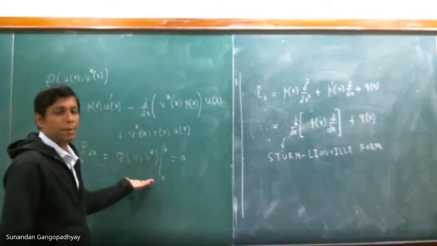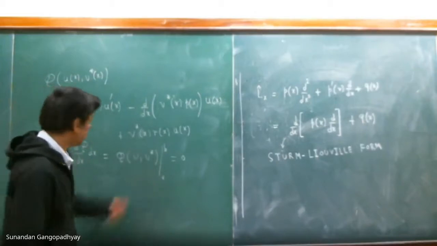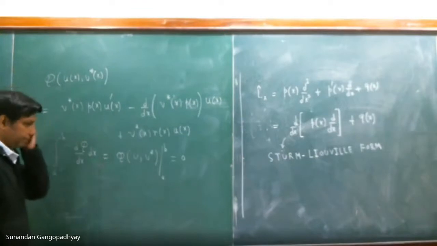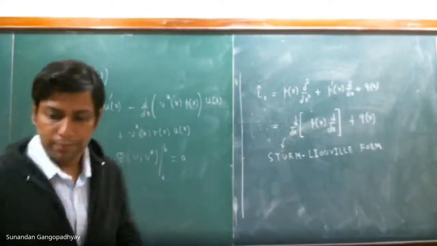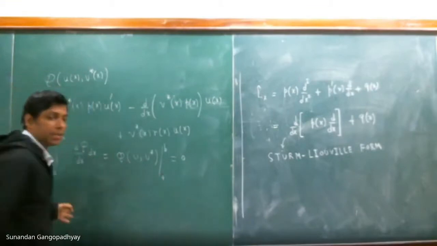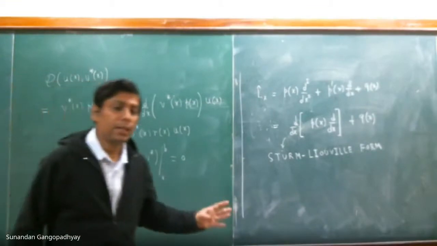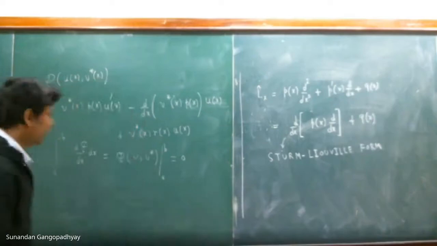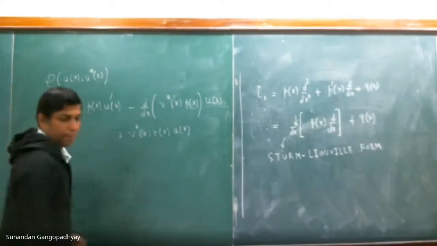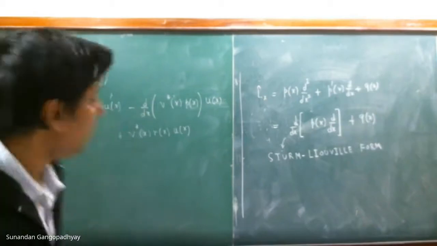If you remember correctly, this condition will give you the boundary condition. And once you impose the boundary condition, this basically gives us the Green's identity from the Lagrange identity. So let us now look at this function Q.